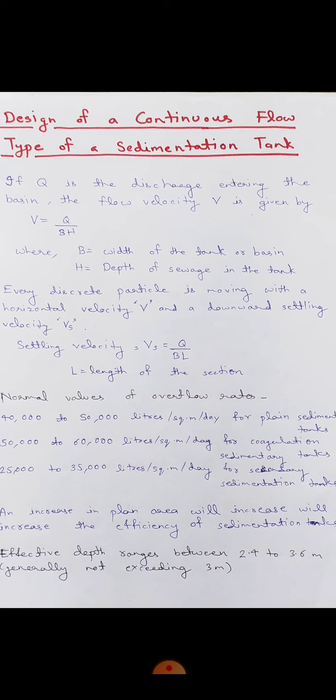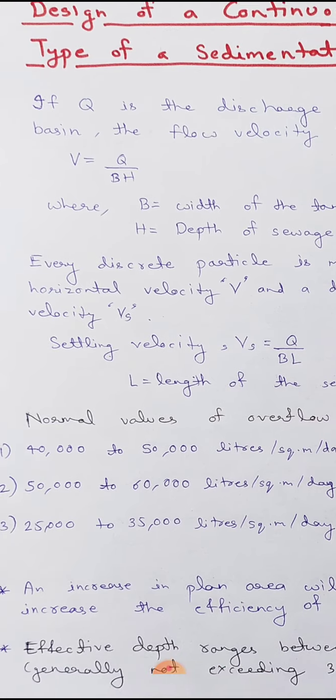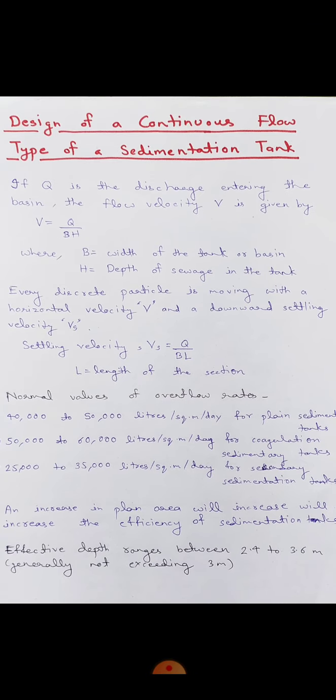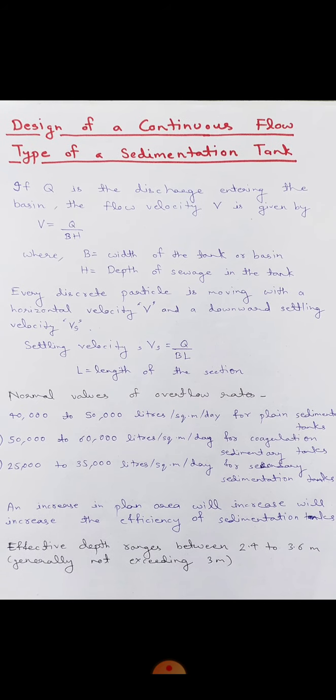That velocity is known as settling velocity, that is Vs. Settling velocity can be determined by the formula Vs is equal to Q by BL, where L is the length of the section, B is the width and Q is the discharge of the flow. So there are two velocities. First is the horizontal velocity in the direction of the flow of the liquid in the continuous one, and second is the settling velocity, determined by Vs.